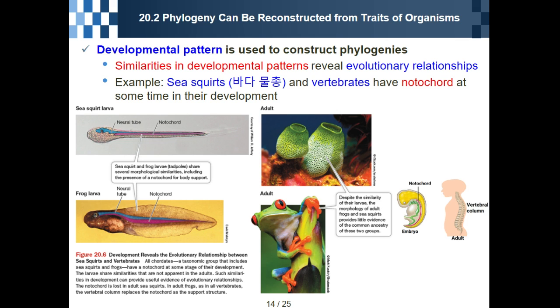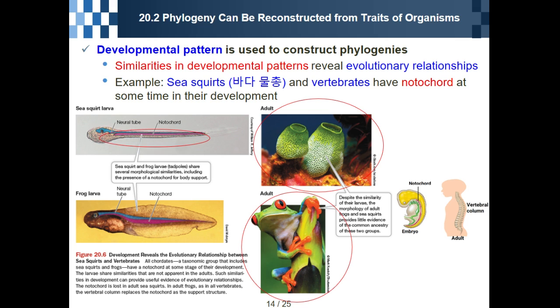However, when we see their developmental pattern, for example, in the early stages, this is the sea squirt larva, and this is a frog larva. They are nearly similar to each other. The sea squirt also has the neural tube and notochord. The frog also has the neural tube and notochord like this. Their morphology is totally different.